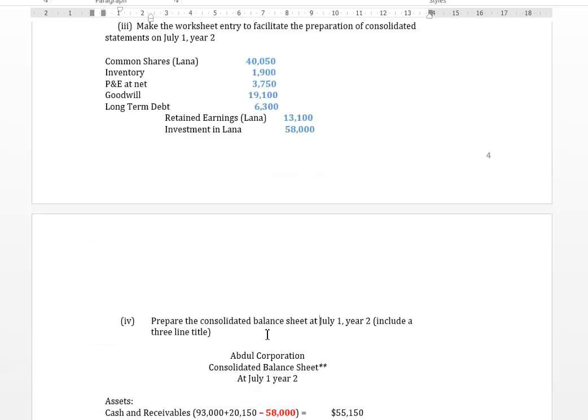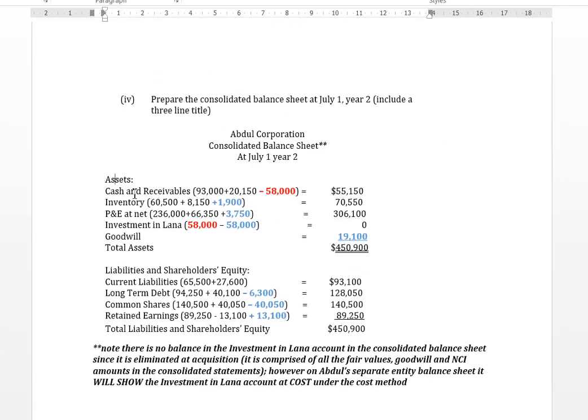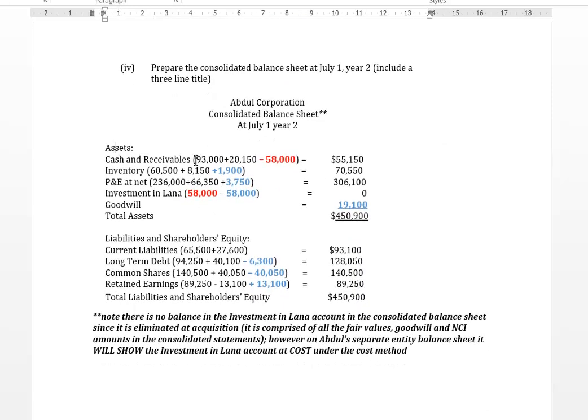So now if we go back to the solution, we're going to start with the cash and receivables on the asset side. You'll recall in the question that Abdul's was $93,000, Lana's was $20,150, but this $93,000 was at June the 30th. We're doing our consolidated balance sheet at July the 1st, and don't forget, we reduced our cash when we recorded the investment by $58,000.